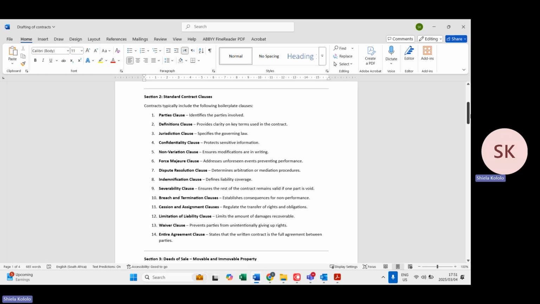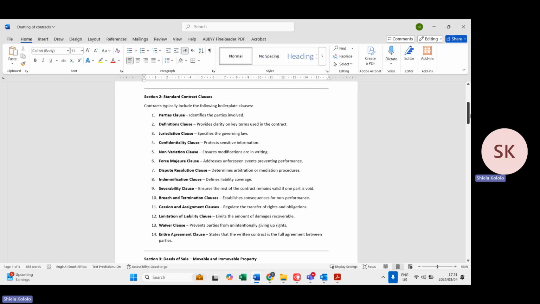So when they say boilerplate clause, please do not get confused. These are really your general clauses that you find in almost every agreement, like the parties clause. At this stage, we know every contract has to identify the parties involved. Who is contracting with whom? The definition clause: we need to know, when we refer to property, which property are we actually referring to?